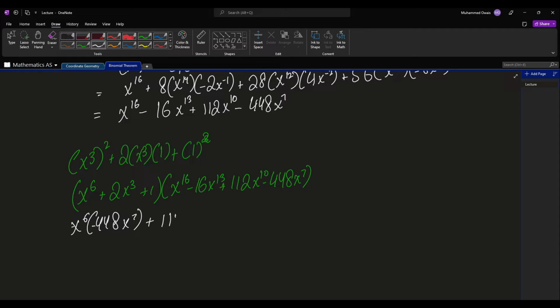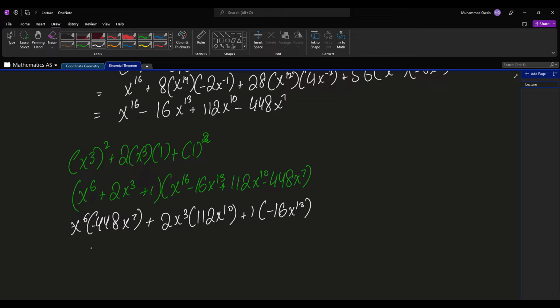So I can just say 2x cube into 112 x10 plus, alright. Now then, if I multiply x3 with x7, once again it would not give me 13, it would give me 10. And now if I multiply 1 with x13, it would give me 13. So I can just say 1 into minus 16 x13.